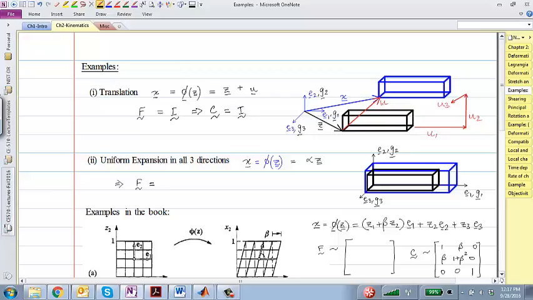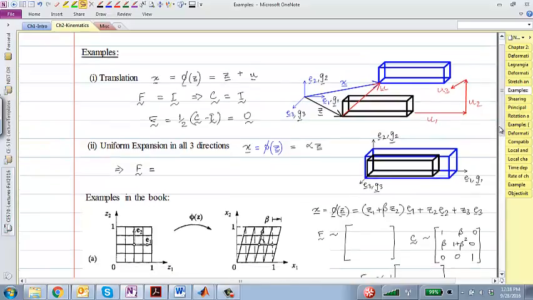No surprise there, because there is no deformation in this translation. What is E? Half of C minus I gives me the zero tensor. It tells me that there is no strain anywhere in the body. It's just a simple translation, so no strain. That's good.